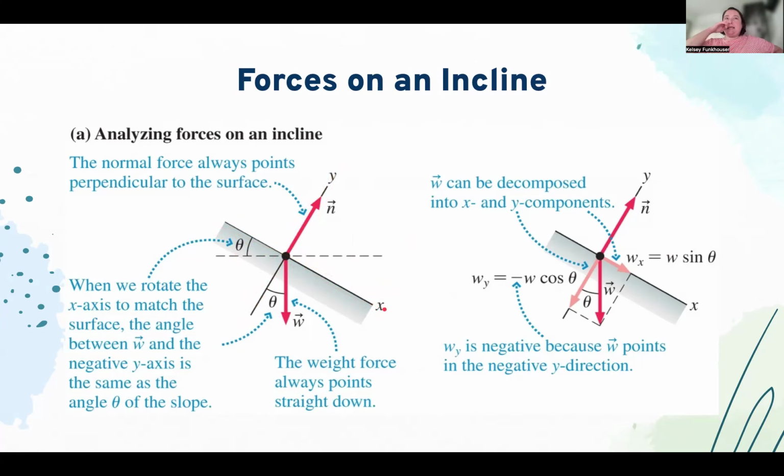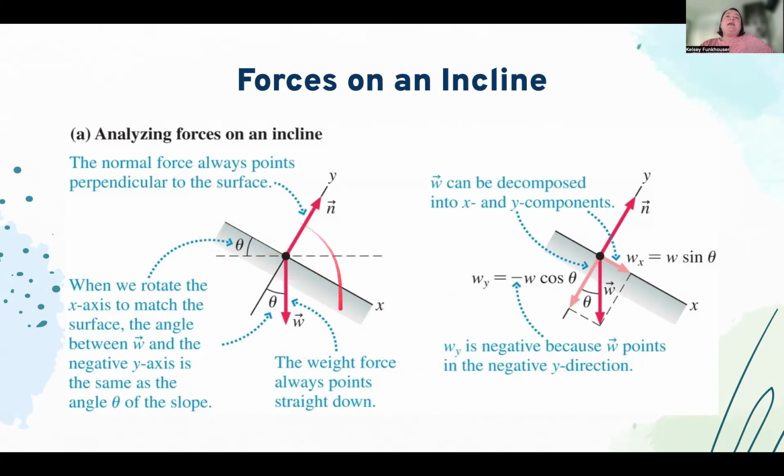And what happens is a couple of things. This allows the normal force to just be in the positive y direction, because otherwise the normal force would be at an angle because it's perpendicular to the surface. And if the surface is an incline, it's at an angle.